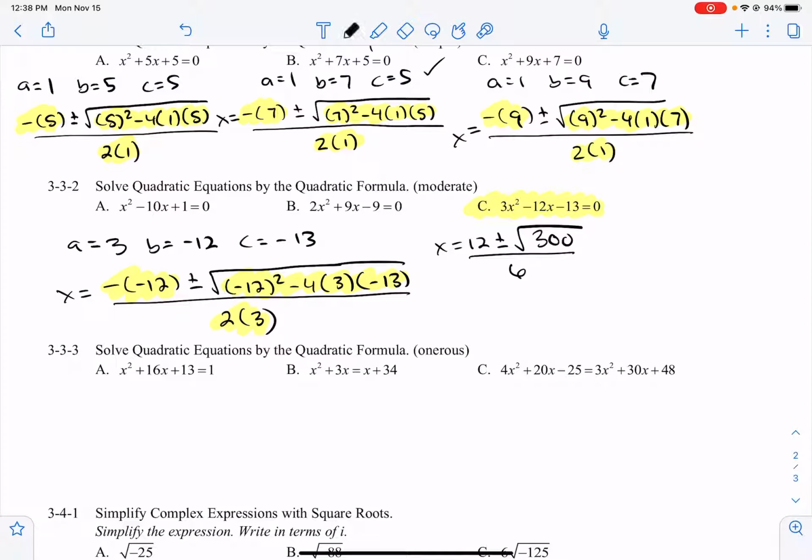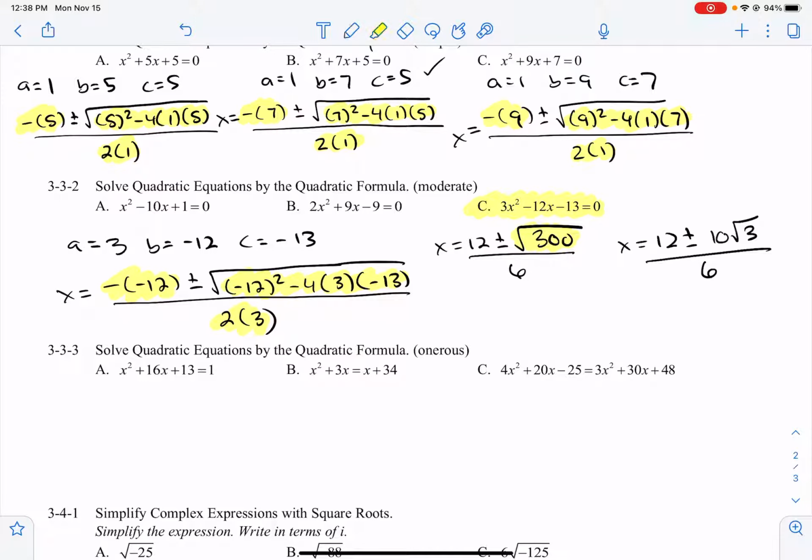Then you go back to your calculator again and you put in the square root of 300, and it's going to kick you back something like, let's see, we'll have 12 plus or minus the square root of 300, which is going to be 10 root 3, because it's just 100 times 3, all over 6. But this time, things simplify a little bit, right?